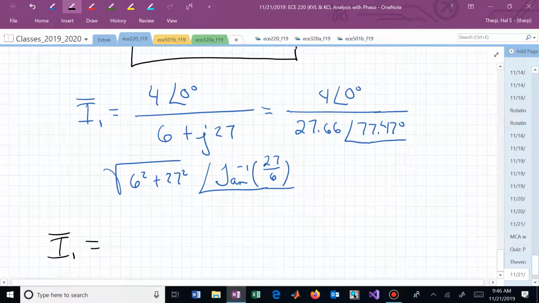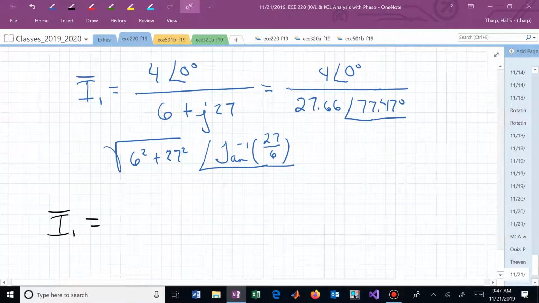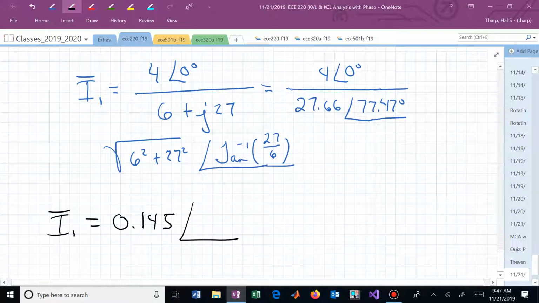We can write that as a complex number in polar form by dividing the magnitudes. We now have 4 divided by 28 roughly, or 1/7, which ends up being 0.145. And what's the angle?